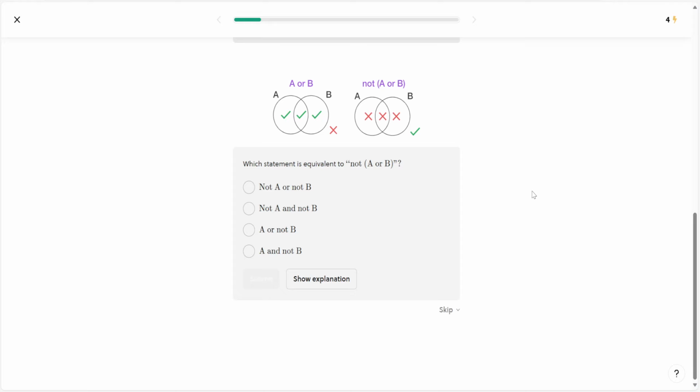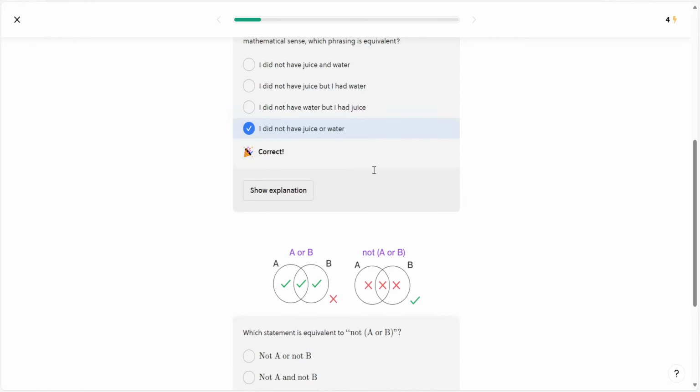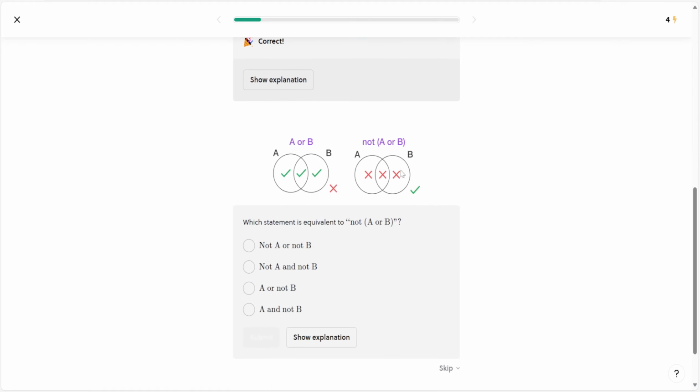Right, sorted. Which statement is equivalent to not A or B? So A or B with the brackets is together. So which statement is equivalent to not A or B? This graph is not the same as the one on the previous thing.